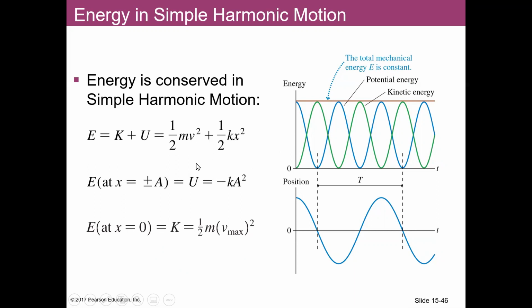These are easy enough expressions to pick up on for the potential and kinetic energies of the oscillator. And once again, we see this figure in this graph down here, what it looks like.